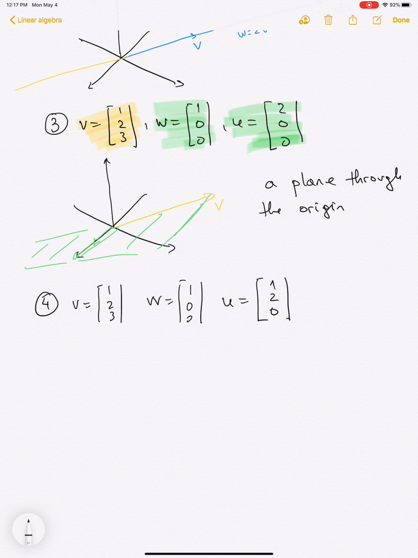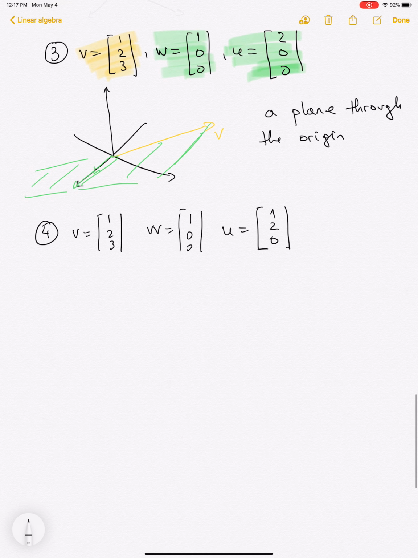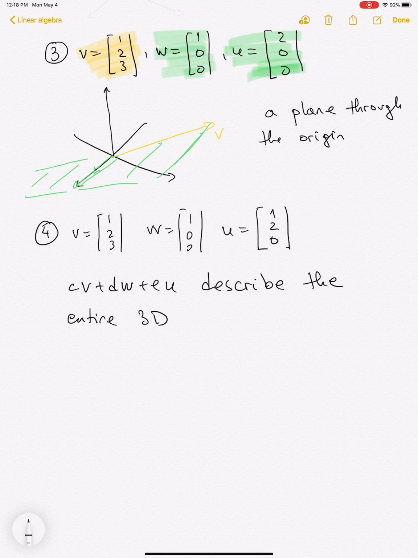So you see that all three vectors are in different directions, and therefore their linear combinations, CV plus DW plus EU, describe the entire 3D space. So the key question we have to think about is whether or not these vectors are multiples of each other.